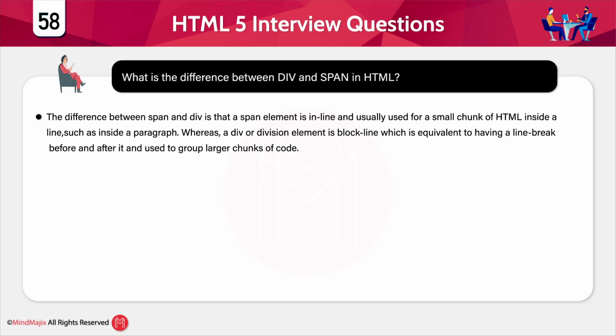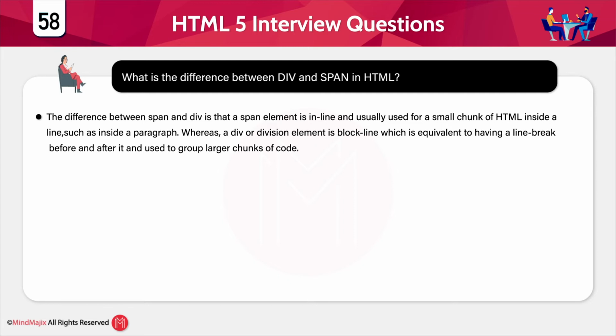I want to apply a style, say color the word 'is' green in the sentence 'this is a paragraph'. In such a case we use the span tag. If you want to apply a style to inline text, we use the span tag. If I want to apply a style to a group of sentences or a group of paragraphs, we use the div tag.